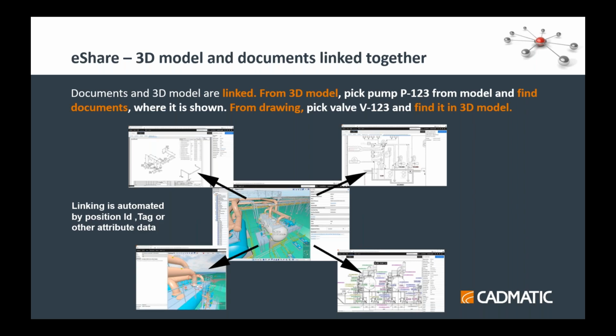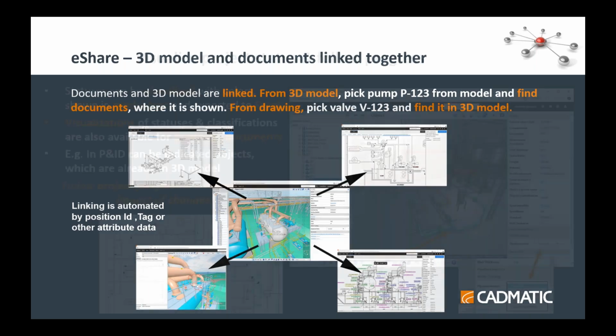And vice versa: if you open, for example, a PNID in eShare, view it, and point out a pump or component there in the drawing, it will show you where it is in the 3D model. And this all happens automatically by position IDs, tags, or other attribute information with which we can link the 3D model and the documents and drawings to each other.